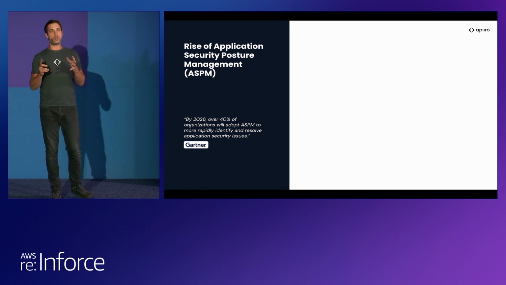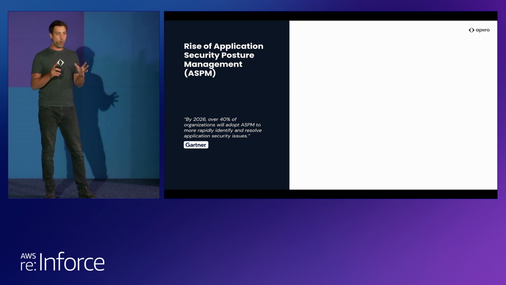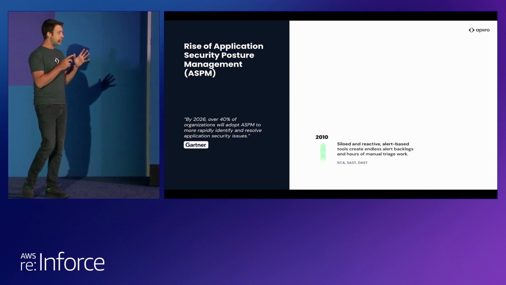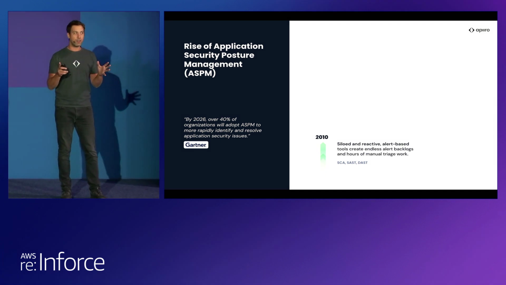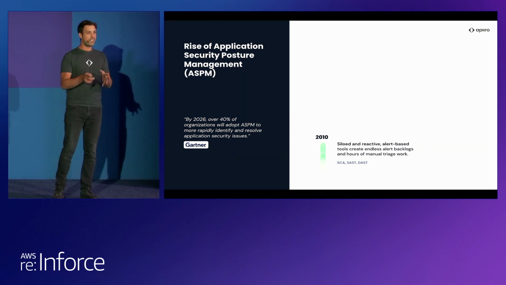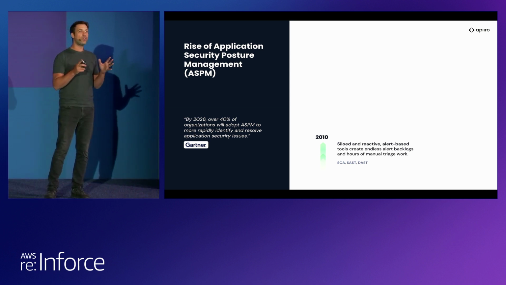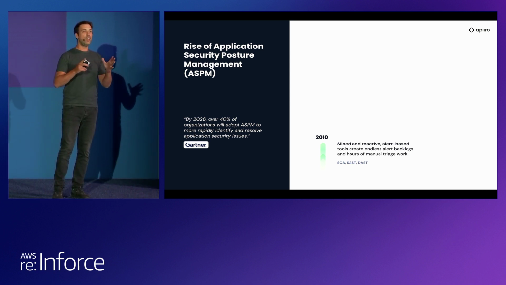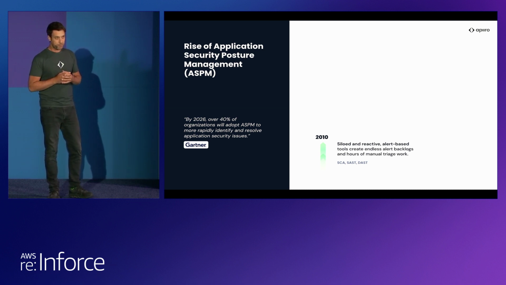Let's start first to understand the evolution of application security. It all started from the siloed tools that everyone deployed in their organization. The SAST, the DAST, the SCA. They were reactive, created a cacophony of contextless alerts and long backlogs that required manual triage.